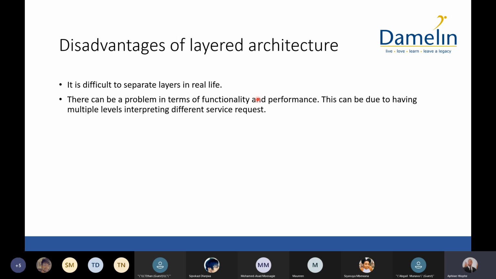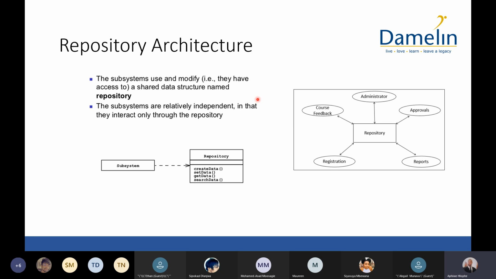The services come from the operating system layer and go upwards. So if there's a delay in any one of the layers, maybe the database is overwhelmed with the amount of transactions or data, so it starts to become slow, that affects the whole transition of the service request, because there are multiple levels of interpreting the service request.